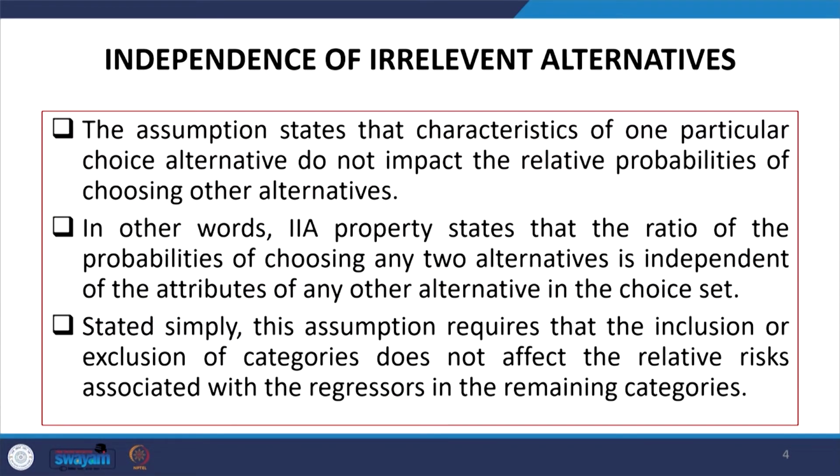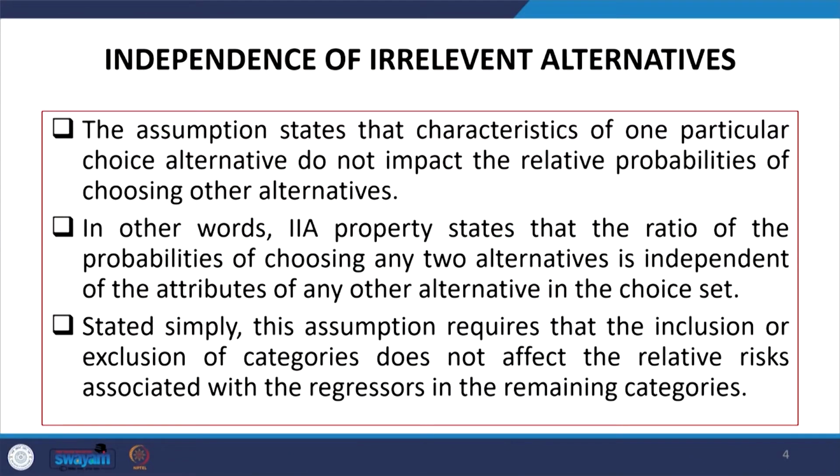IIA states that characteristics of one particular choice alternative do not impact the relative probabilities of choosing other alternatives. In other words, the IIA property states that the ratio of the probabilities of choosing any two alternatives is independent of the attributes of any other alternatives in the choice set.